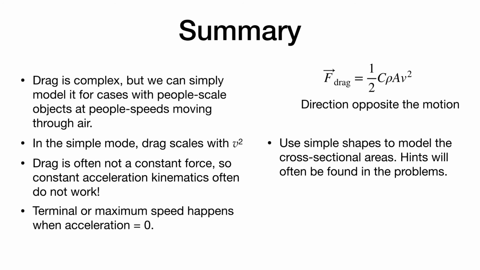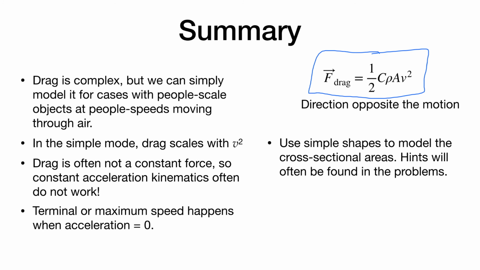These objects can be moving at people speeds, so speeds at which you walk, or speeds at which airplanes fly. As long as it's something that people might reasonably do in their everyday life that isn't too extreme, so no bullets, then we can use this simple model shown over here to model the drag force. And again, the direction of the drag force is always opposite the motion. It's a resistive force. It resists motion, constantly trying to slow it down.